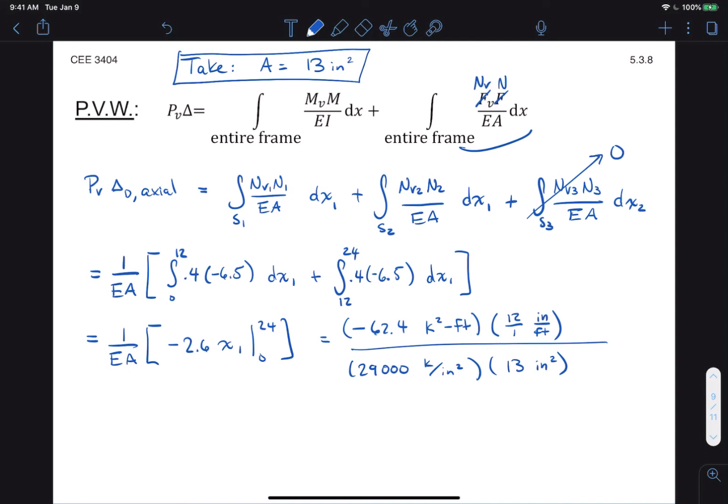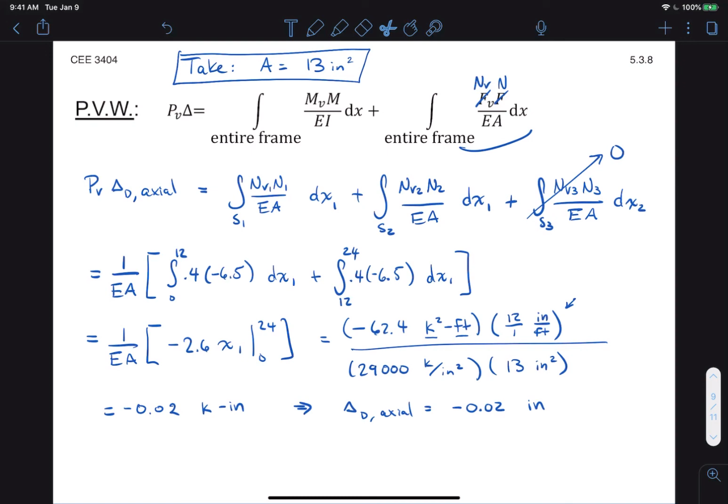Notice now that the terms in the integration are in units of kip squared times feet, because we had a product of forces integrated over length. So in order to get into inches, we simply multiply by 12, and then we divide by our EA value, and we get negative 0.02 kip inches, which when dividing by the virtual force gives us a displacement due to axial deformations of negative 0.02 inches.